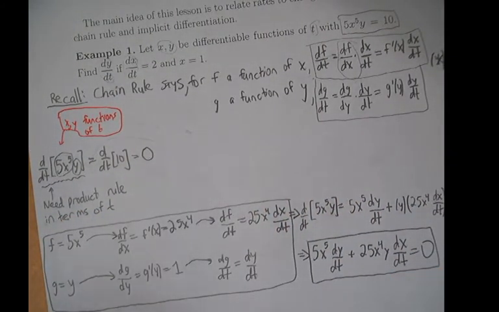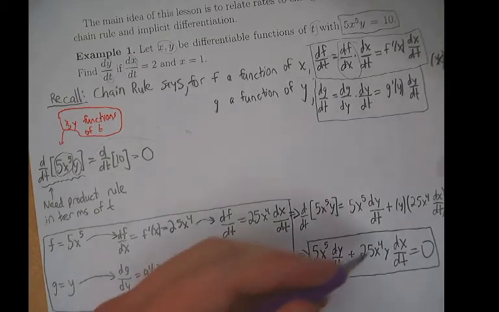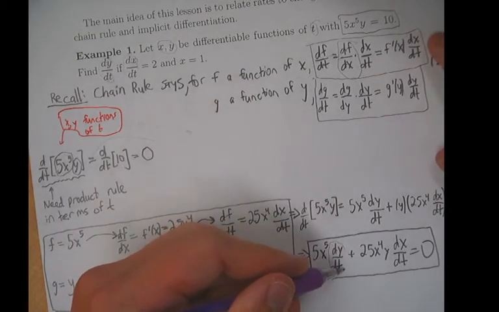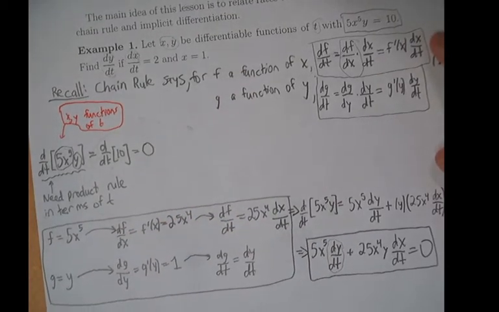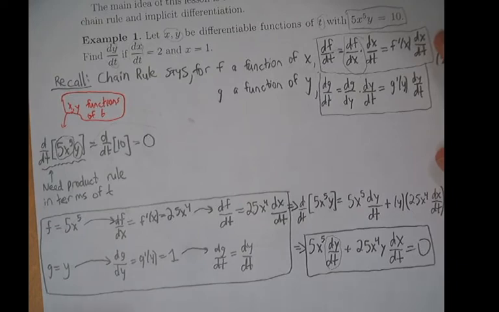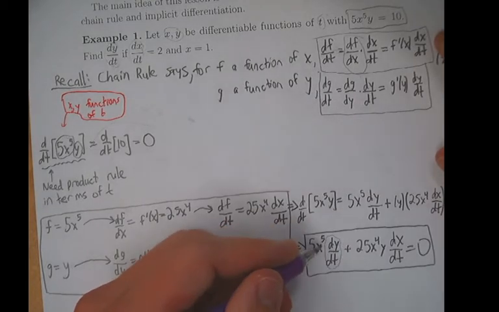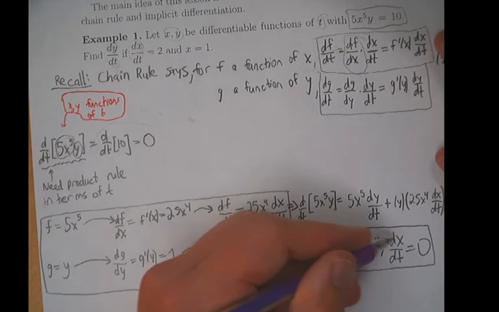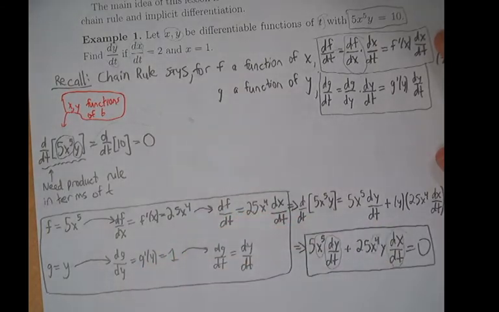Okay? So now, as per the problem statement, we ultimately need to figure out what dy dt is. So the problem says, okay, we're given that x equals 1 and dx dt equals 2. So that tells us what's going on with this, and this. But oh, wait a minute, we don't know what y is.